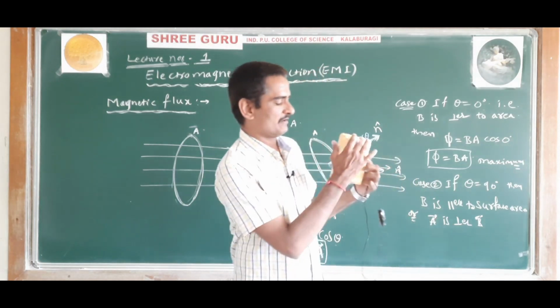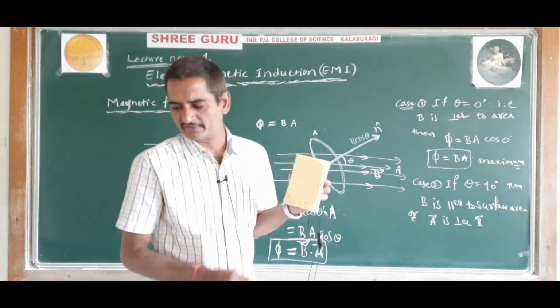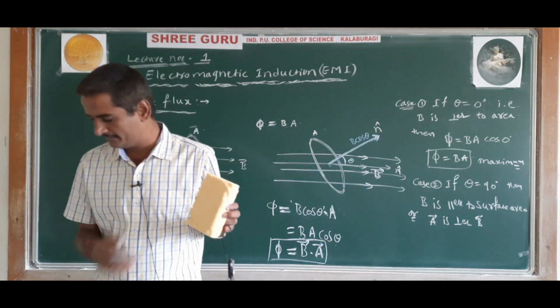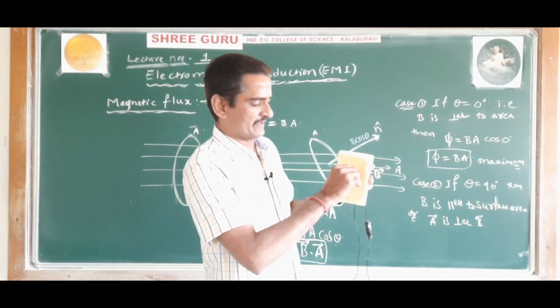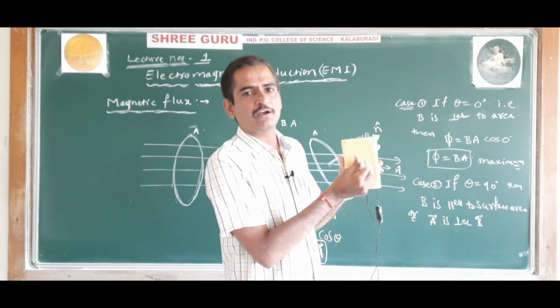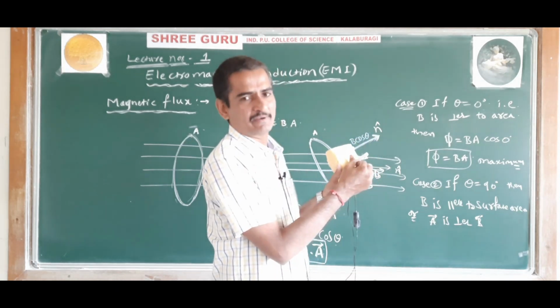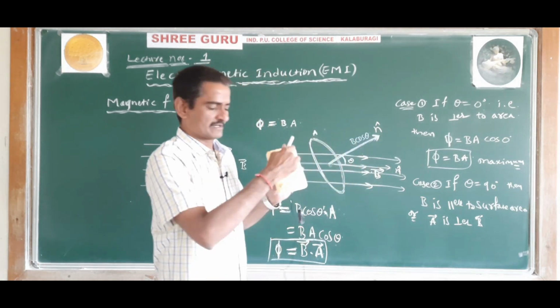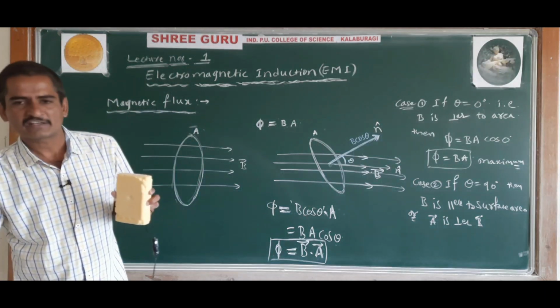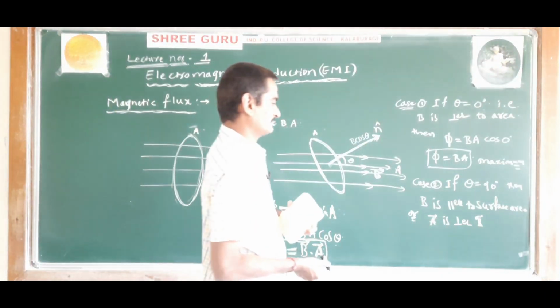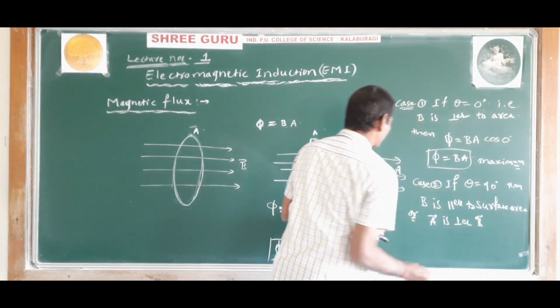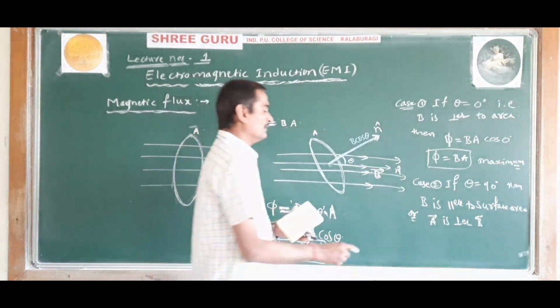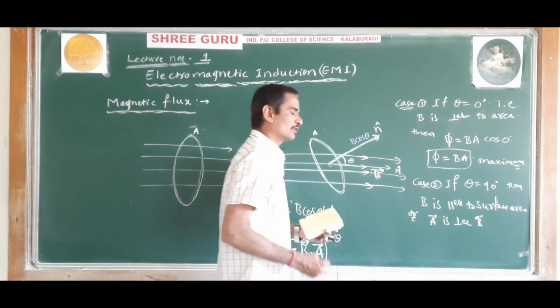This is called surface area, and area vector means a perpendicular drawn to this surface, that is the normal drawn to the surface. So, magnetic field is parallel to the surface area, or area vector is perpendicular to the magnetic field.